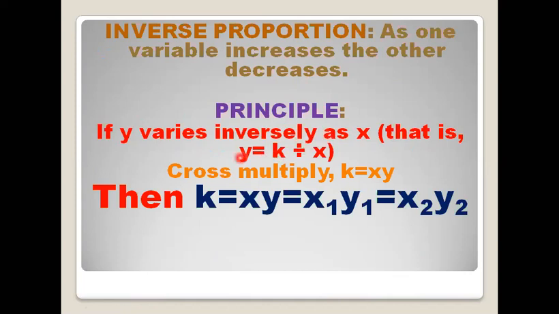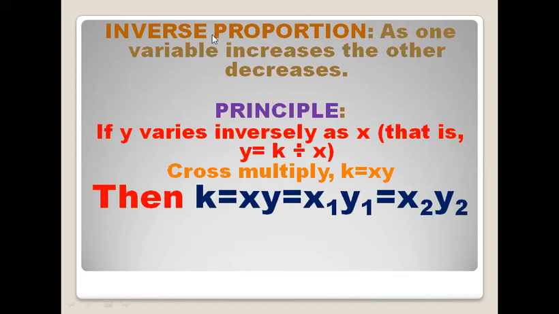So when the proportionality sign changes to an equality sign, k is brought in, and then you have y equal to k divided by x.